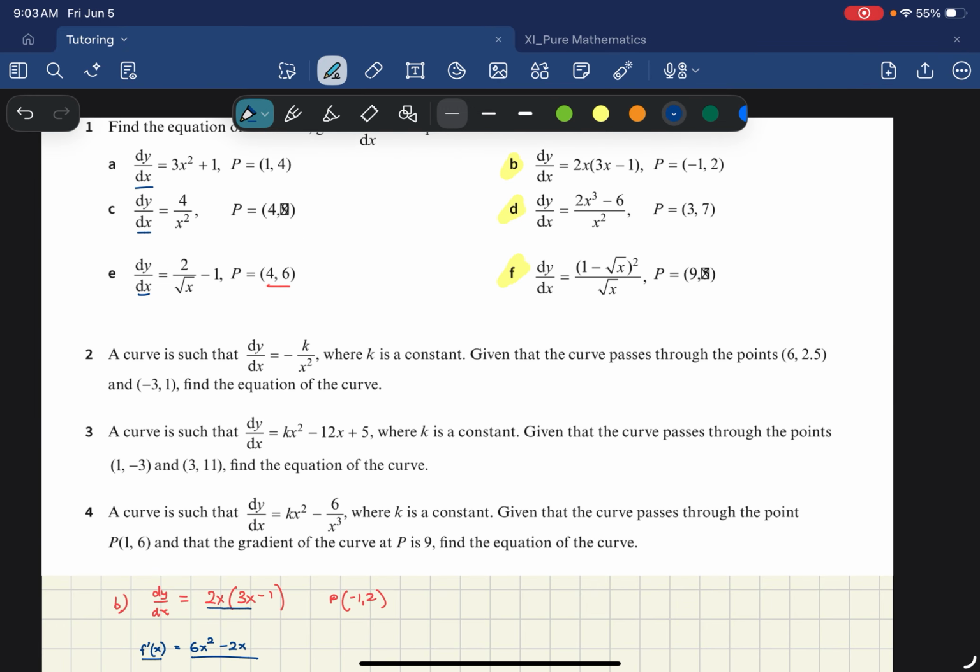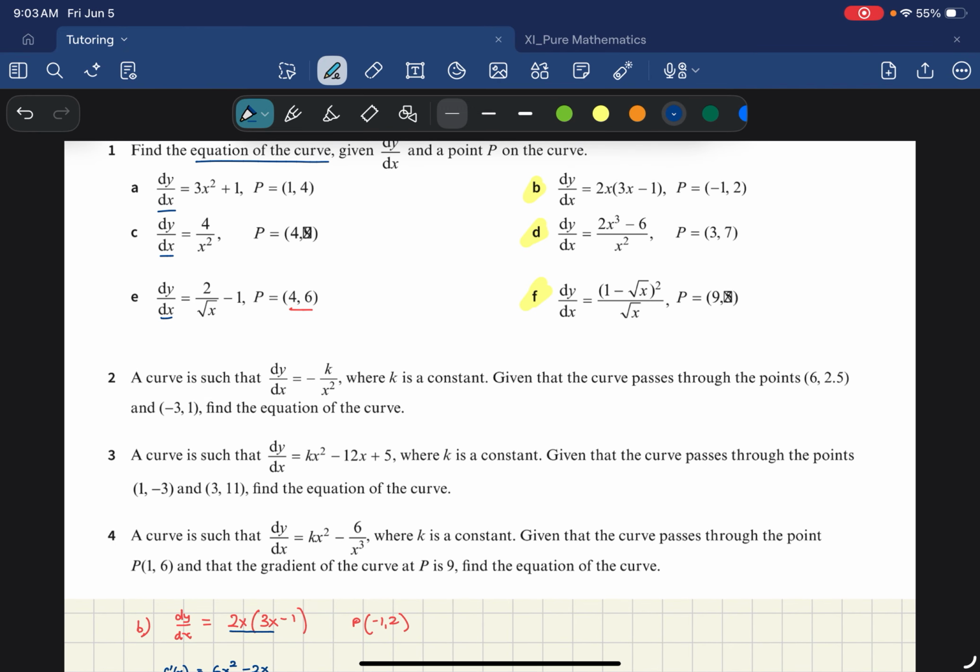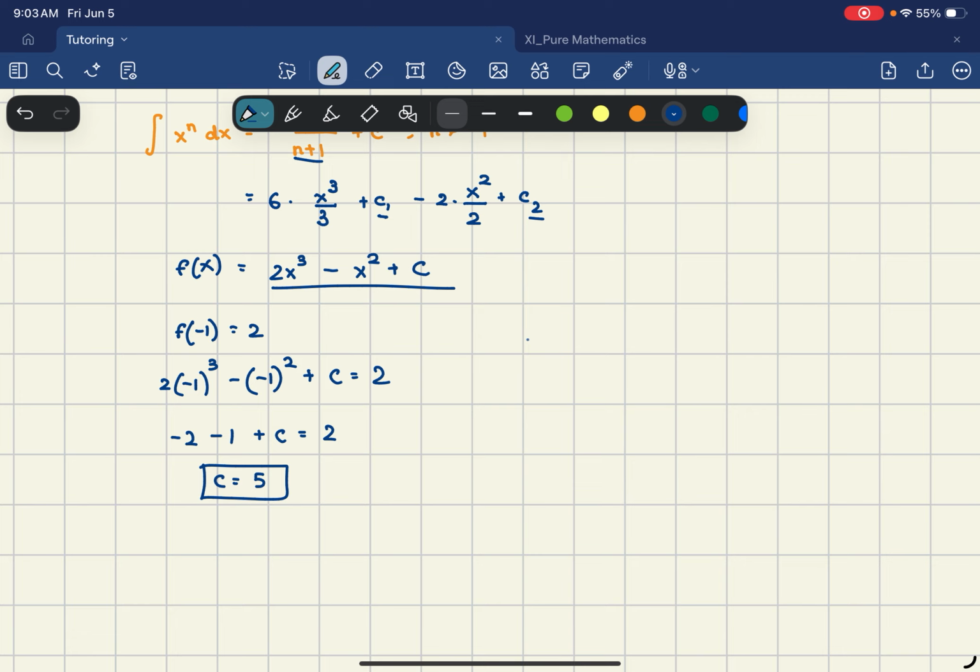So the question has asked to find the equation of the curve. So your equation is going to be 2x cubed minus x squared plus 5. You just want to write whatever value of c you got, substitute here, and that is going to be your equation.